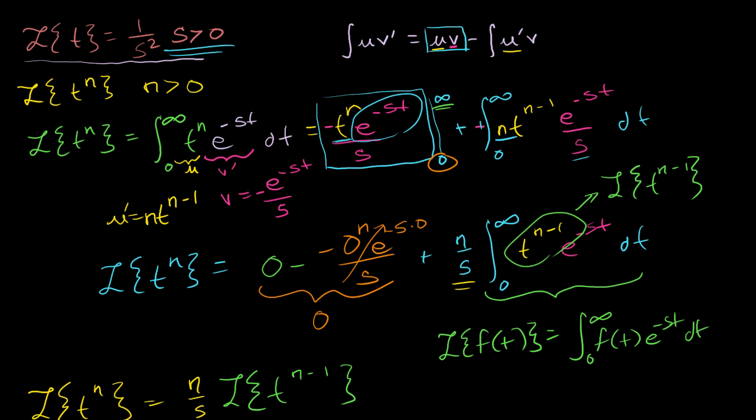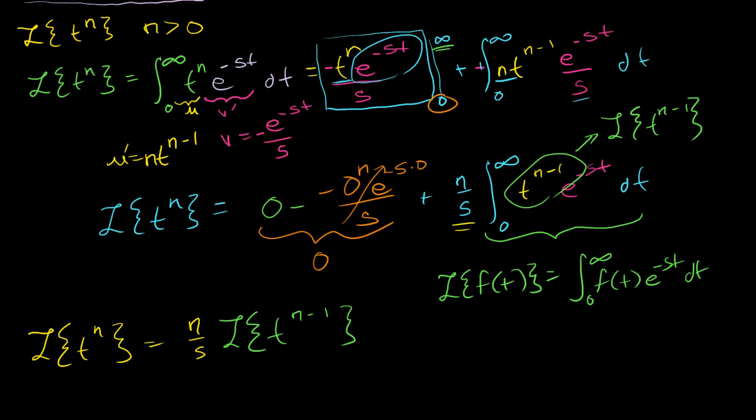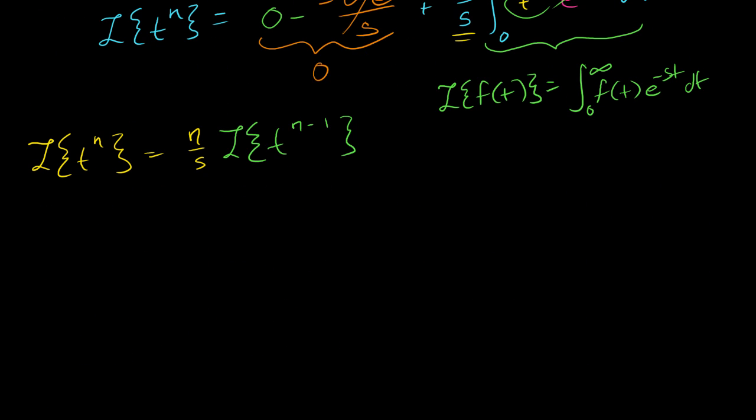So the Laplace transform of just t, let me write that down. I wrote that at the beginning of the problem. The Laplace transform of t to the 1, which is just t, is equal to 1 over s squared, where s is greater than 0. Now, what happens if we take the Laplace transform of t squared? Well, we can just use this formula up here.